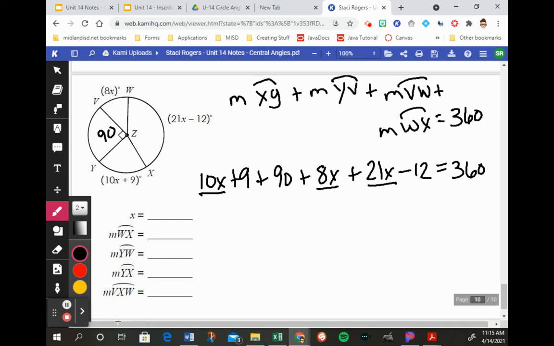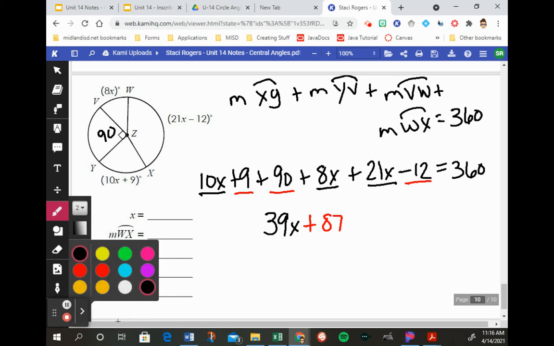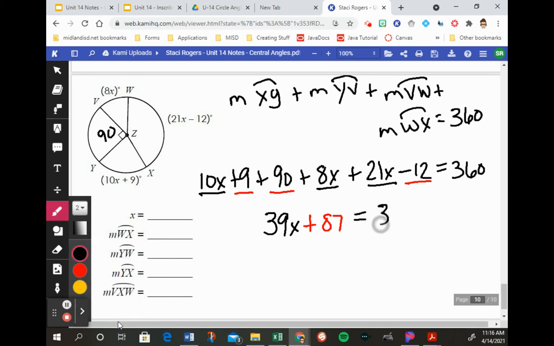So 10, 21, 31, 39. 39 x's. I want to underline my constants. 99 minus 12 is 87. Plus 87 equal to 360.